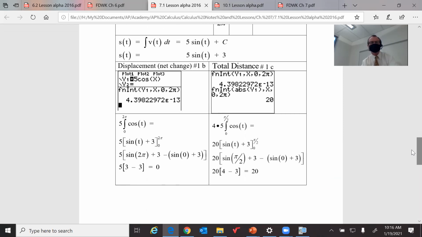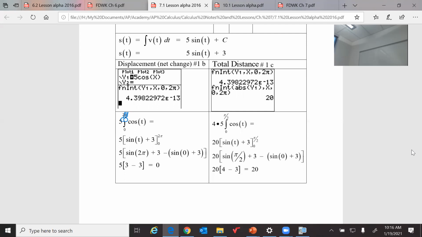And here is the work without a calculator. With the 3, and you can see how the 3 right here is going to subtract to 0. Right? 3 subtracts to 0. This is displacement. And then what did I do over here? I said, let's look at one of the trips, one quadrant from 0 to pi over 2, because the cosine is positive from 0 to pi over 2.